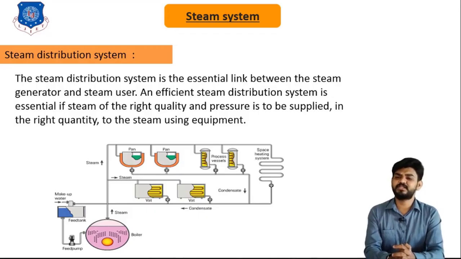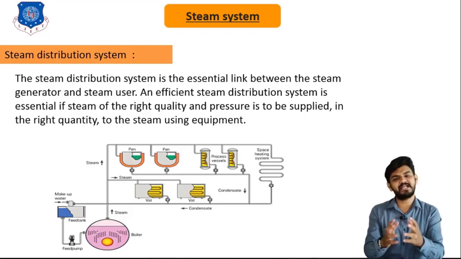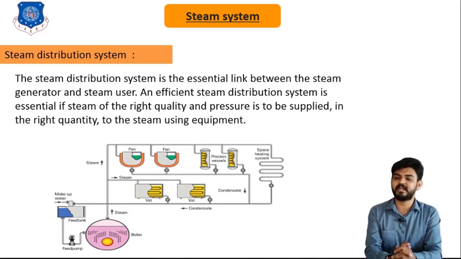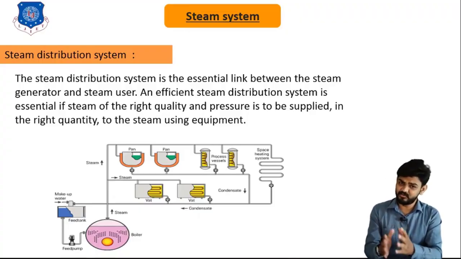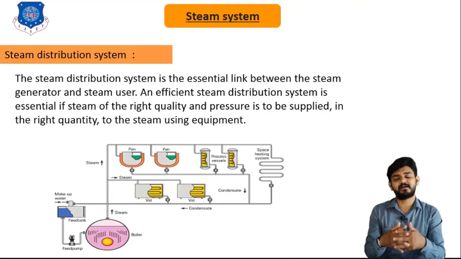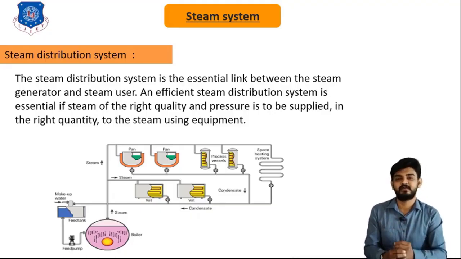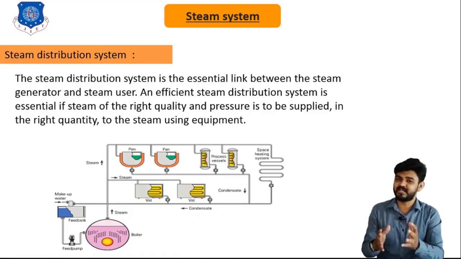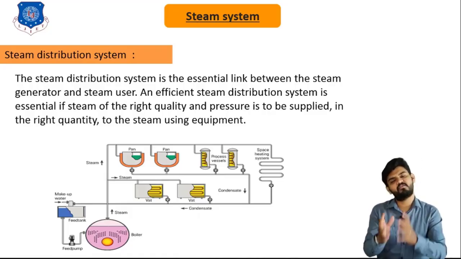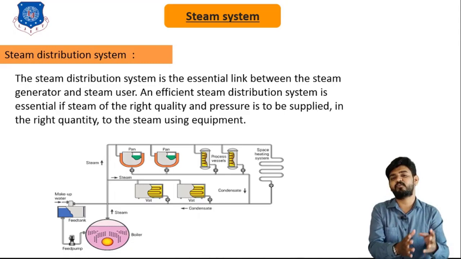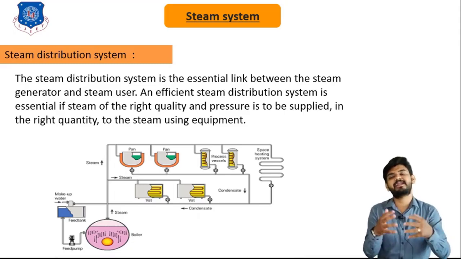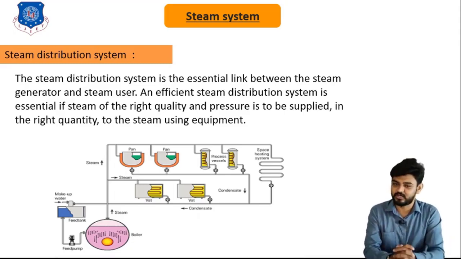Well, the steam distribution system is an essential link between the steam generator and the steam user. So this distribution of steam is the link between the application of steam and the production of steam. That means where the generator produces the steam and where we are utilizing this steam for different purposes are connected by this steam distribution.